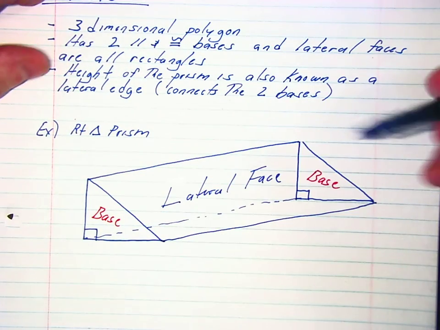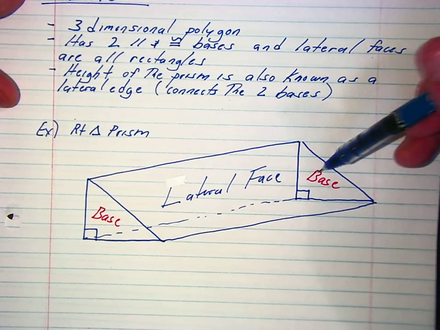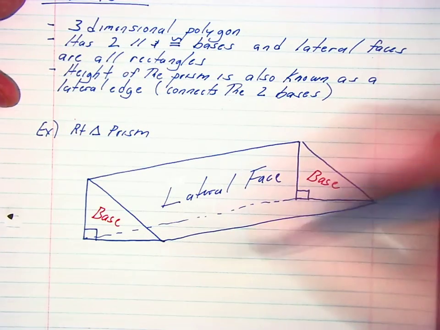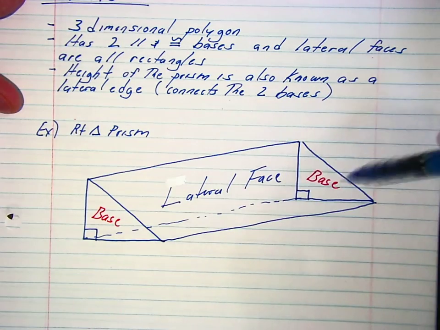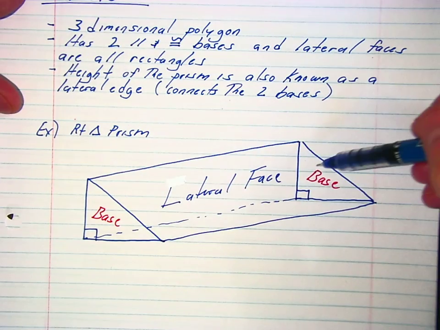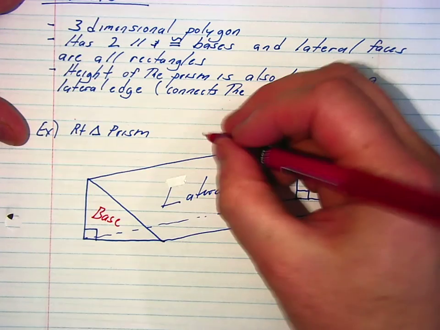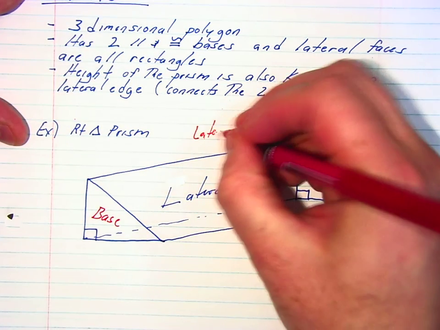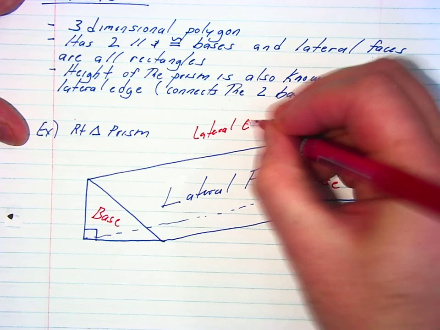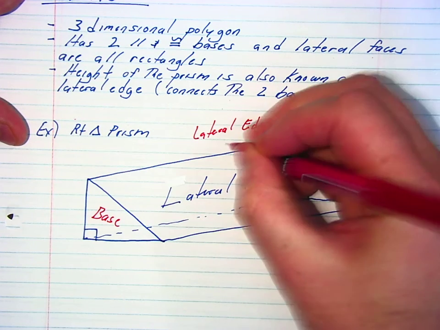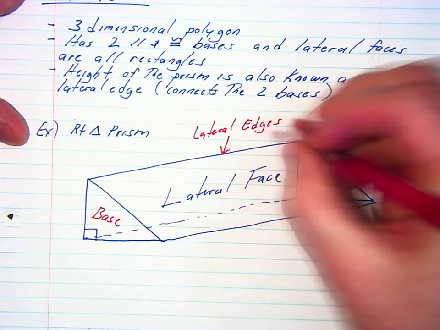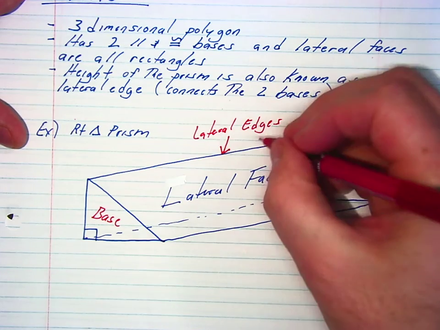Now, the line segments that connect one base to the other, the three that we drew to actually make this figure, are known as lateral edges. So we have lateral edges, and there's three of them. There's that one we drew. There's this one down here.